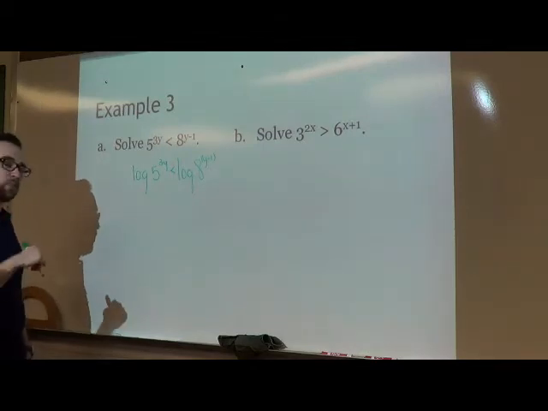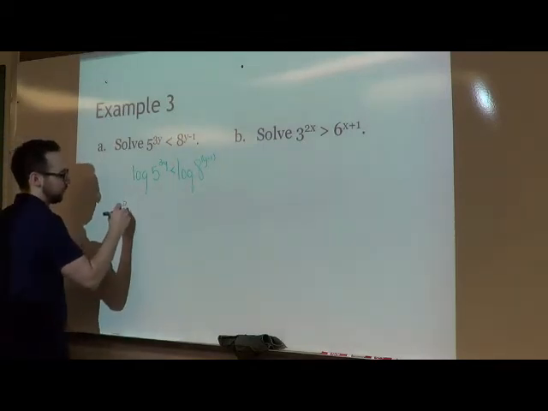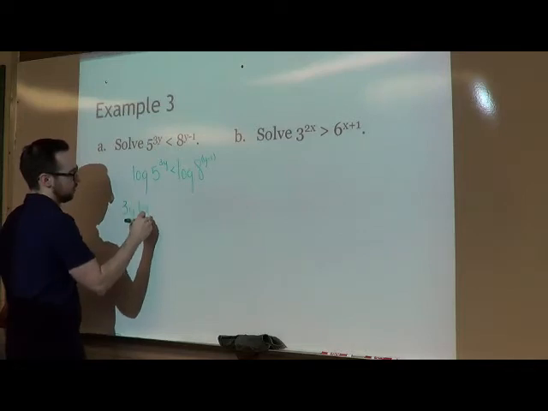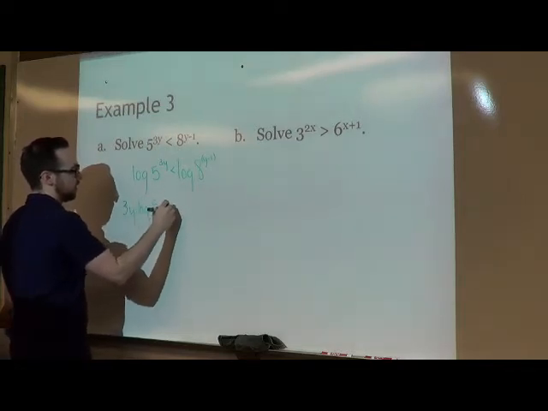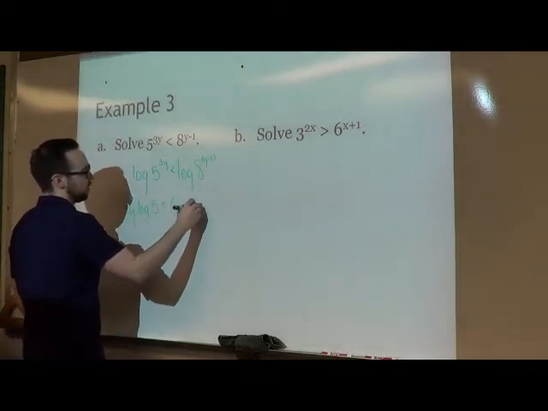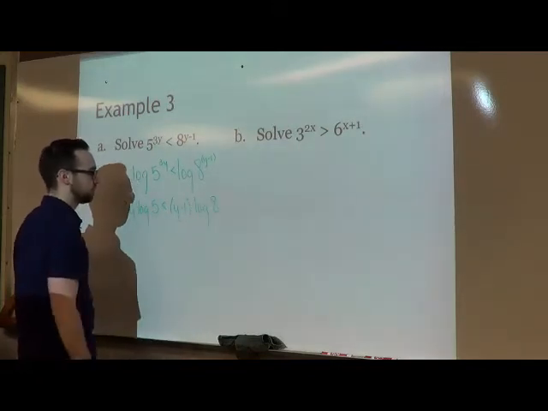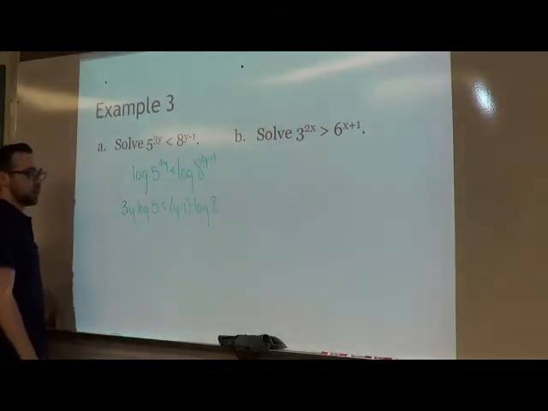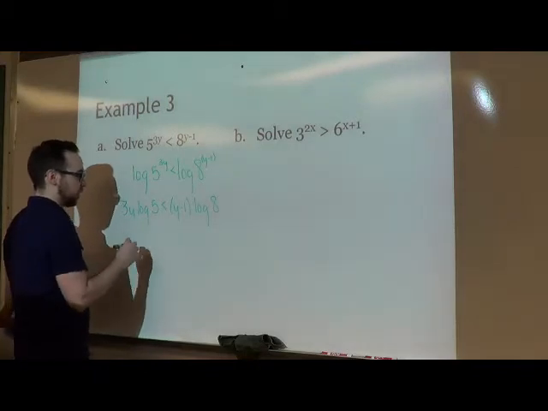Again, exponents out front. So we have 3y log of 5 is less than the quantity y minus 1 times the log of 8. So now I'm going to divide both sides by the log of 5.